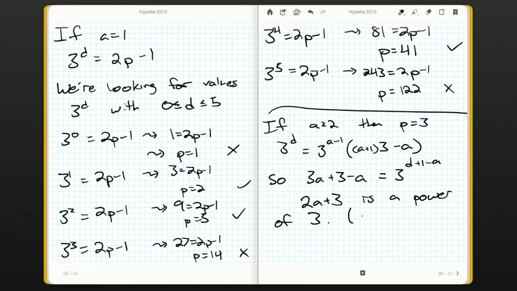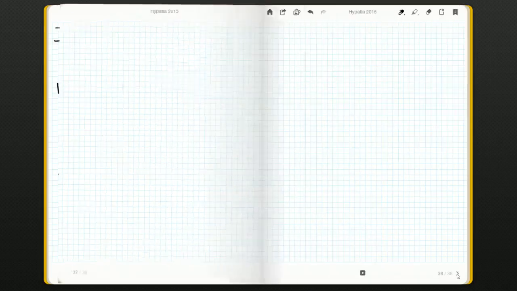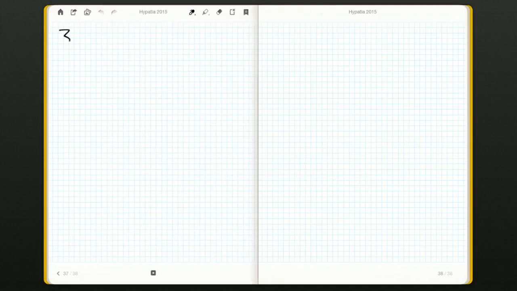Specifically, it's going to be between 3 to the 0 and 3 to the D plus 1, and the maximum value of D was 5, so 3 to the 6. So how about 3 to the 0 equal to 2A plus 3?